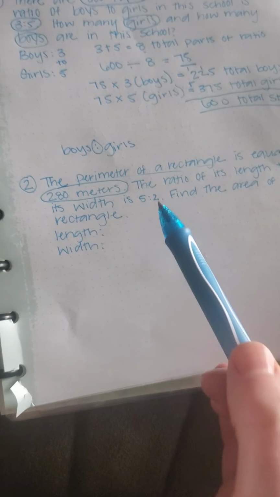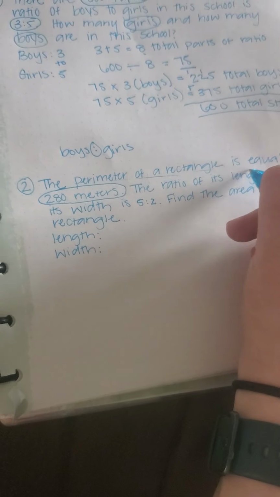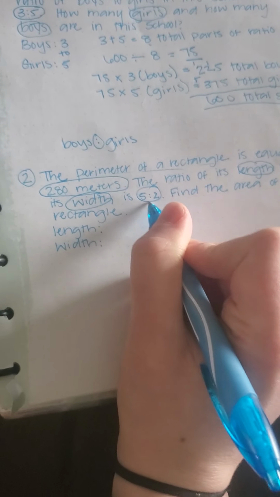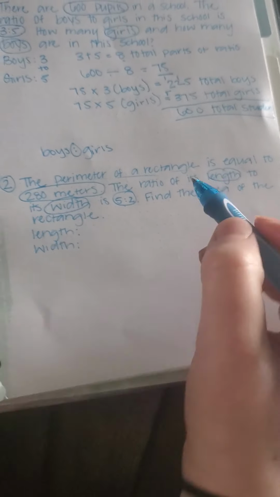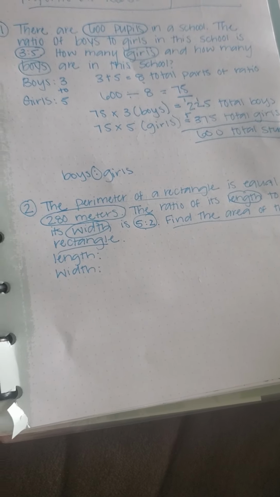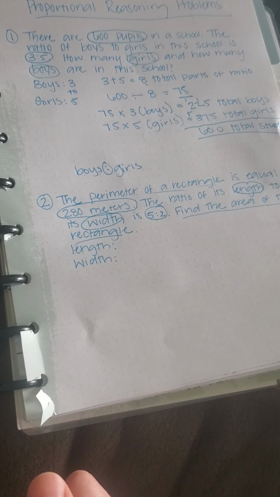Here's our ratio, 5:2, and we're trying to find the area of the rectangle.